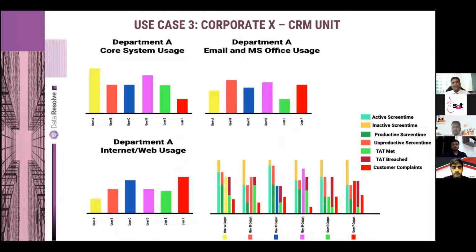This is another meaningful interpretation they can make. At every particular system or category of activities, they would be able to put all the users together and measure which user spends more or less time on each of these. It could be either an application usage or a category of things.